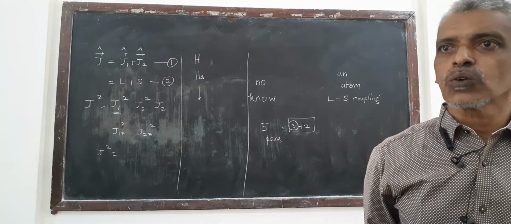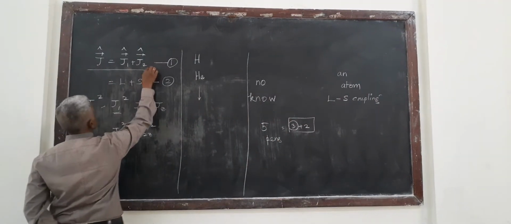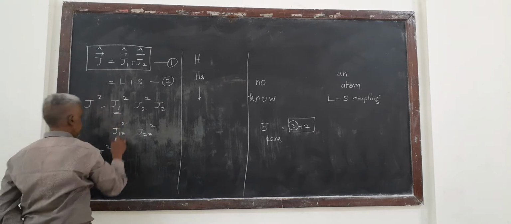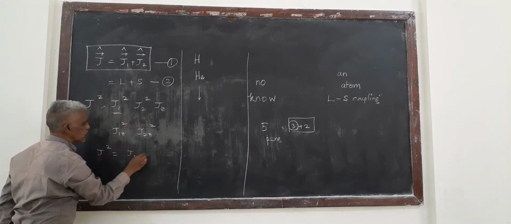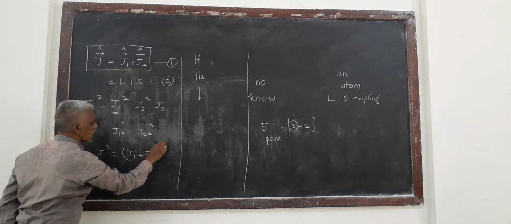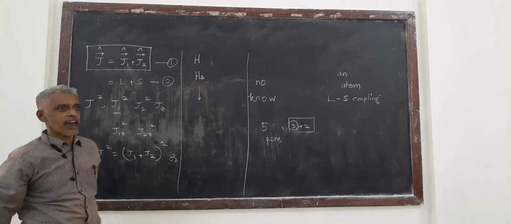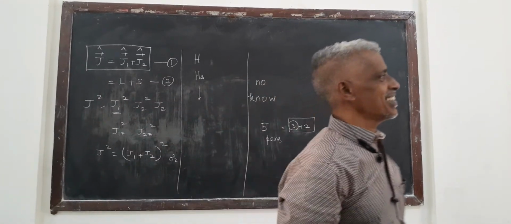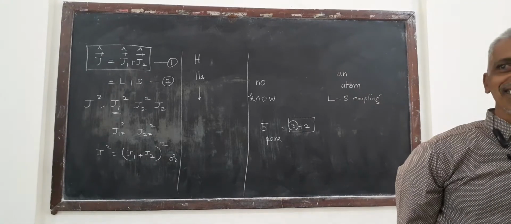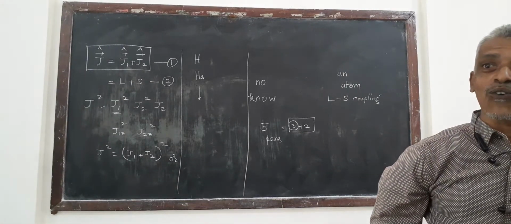J square is equal to J, you have in here, right? You take this as a problem. Shall I write this as J1 plus J2 the whole square, or J1 square plus J2 square? Madam, what's the square possible for me?